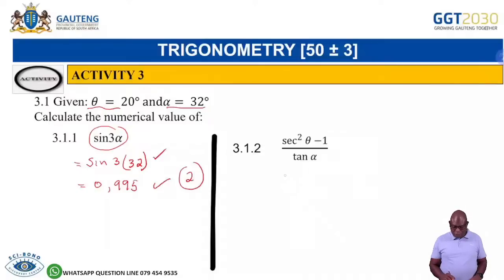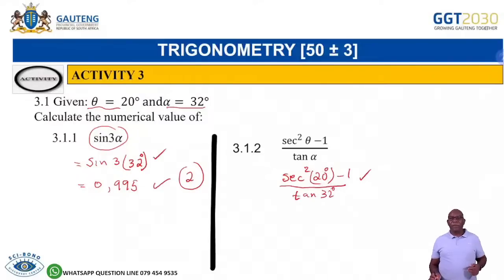On this one, just to substitute, sec squared of theta, which is 20 degrees, minus 1, this is 32 degrees, sorry, all over tangent of 32 degrees. I already gained a mark. How easy is this? Then from there, 1 over sec is the opposite of cos, right?